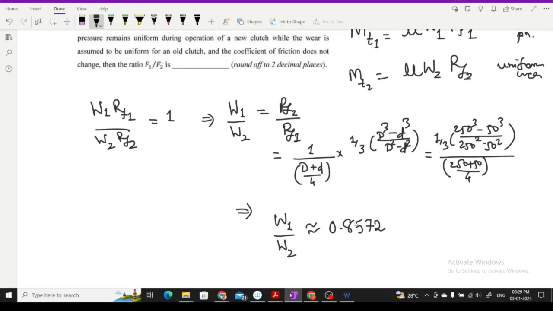Anyone else? Okay, then we are going with this only. So it is almost 0.871, sir. So anyway, it is around 0.86, right? Let us see.